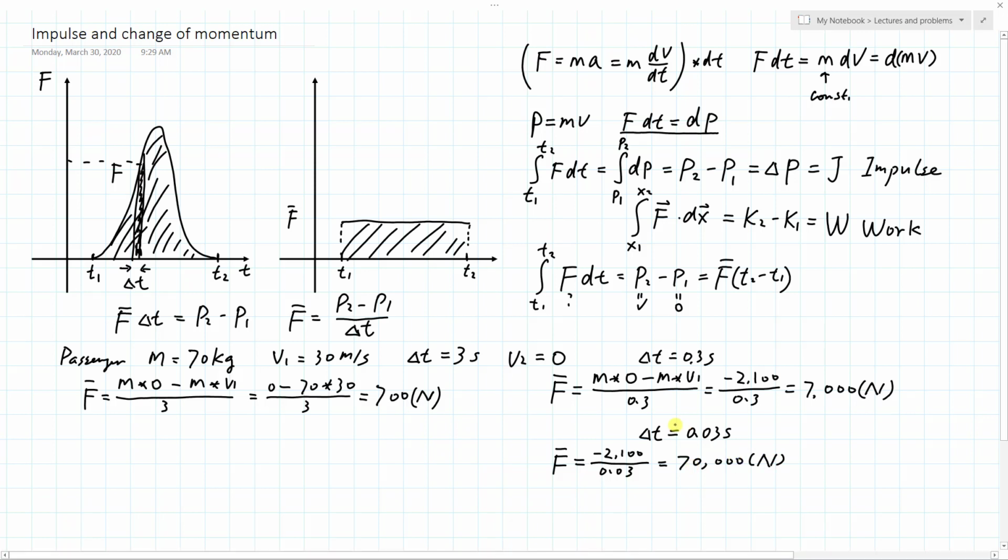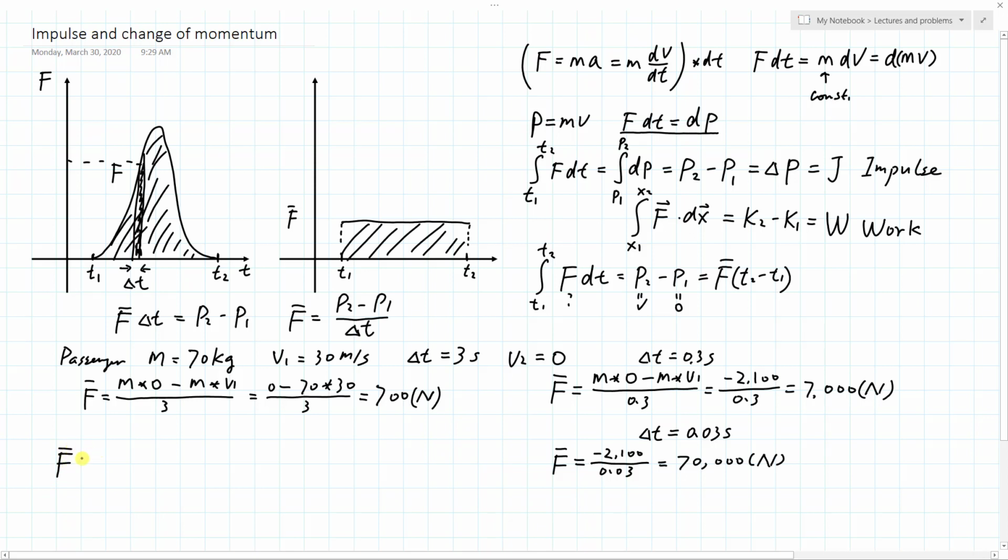So we were able to use an average force to make an estimate of a collision that happened, if we have the initial velocity, the final velocity, and also knowledge of the mass and the duration. We can estimate how much average force was involved, although the peak force is not known. Alright, so that was one thing we can do with this. Another thing we can do is rewrite it.